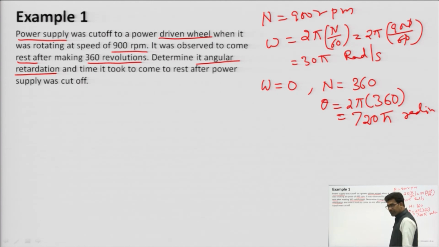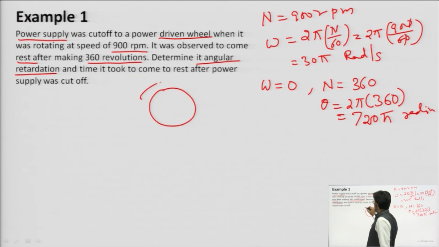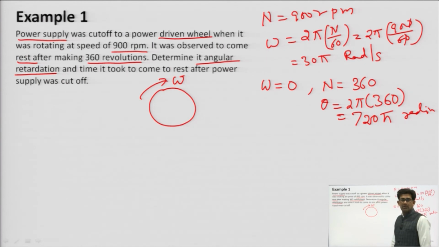So it's a simple question. The wheel was moving with a certain velocity, say omega naught, rotating at this speed.